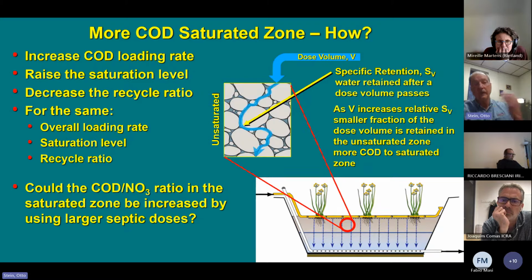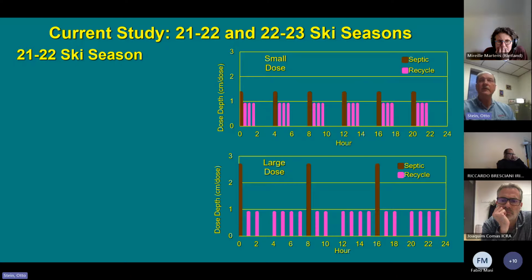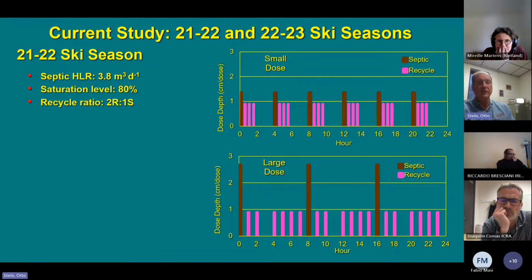In the one season we were experimenting with this, we had two different levels. Our septic loading rate was right around our design loading rate, about 4 cubic meters per day. We're saturated at 80%, recycle ratio 2 to 1. This year, we did not have the ability to change what happened in the two replicate cells, so they were both dosed exactly the same.